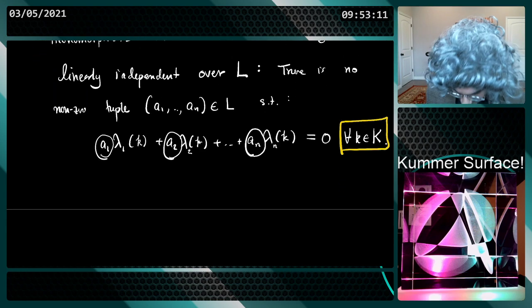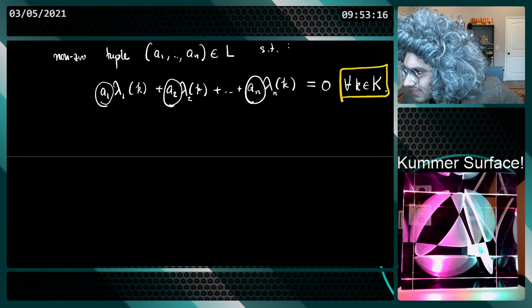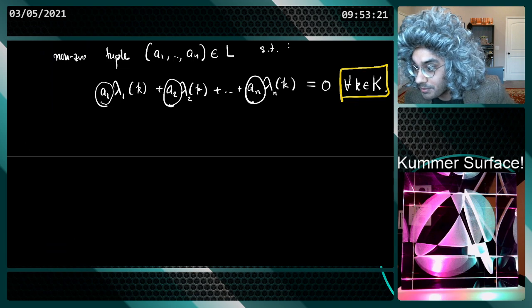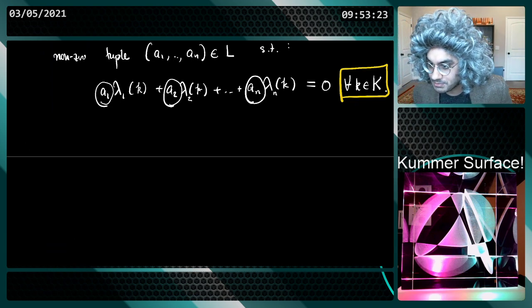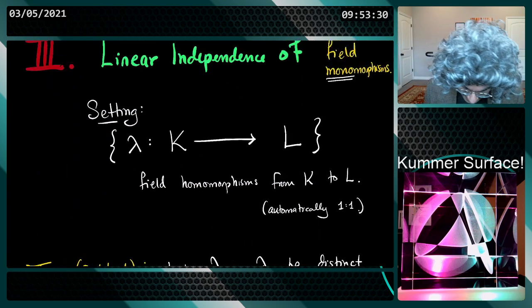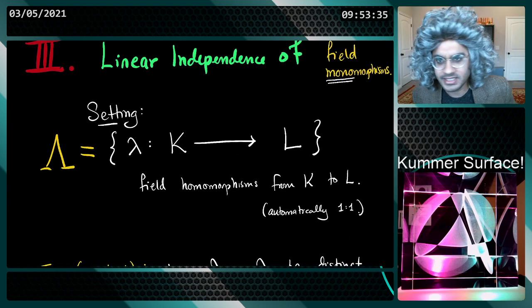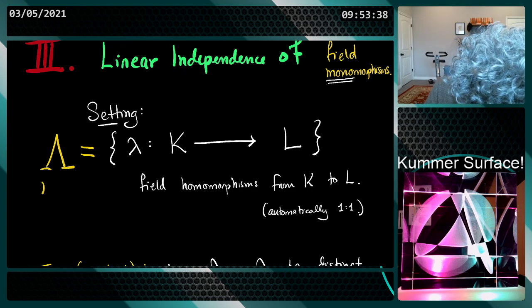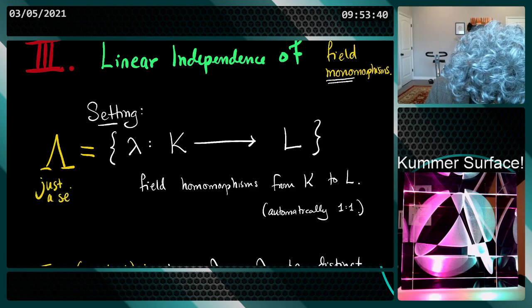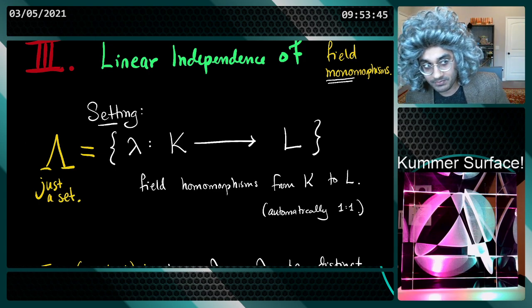Okay, good. So, the proof of this thing. We're talking about linear independence, but big lambda is not necessarily a vector space in any way, shape, or form. If you think of big lambda as this set, it's just a set. There is really very little structure to this set.